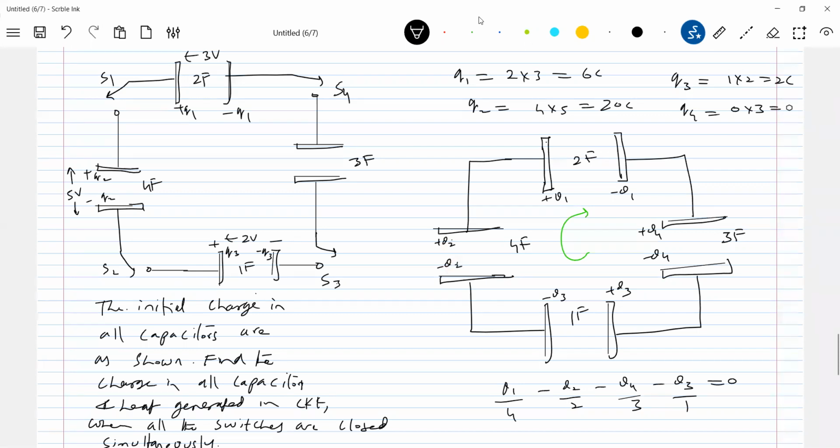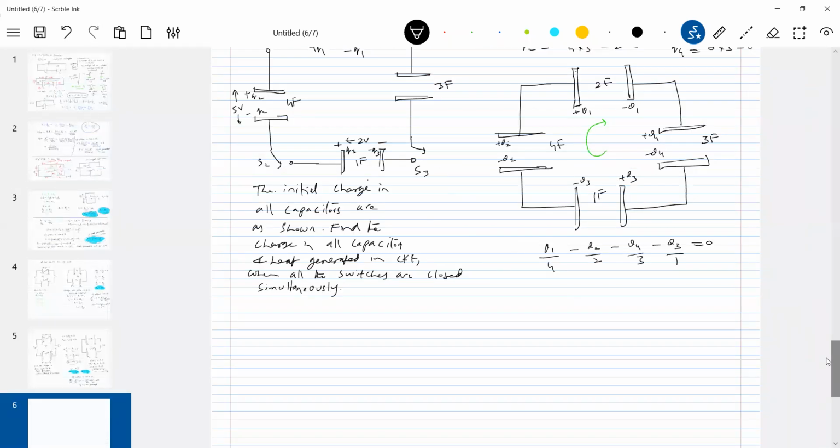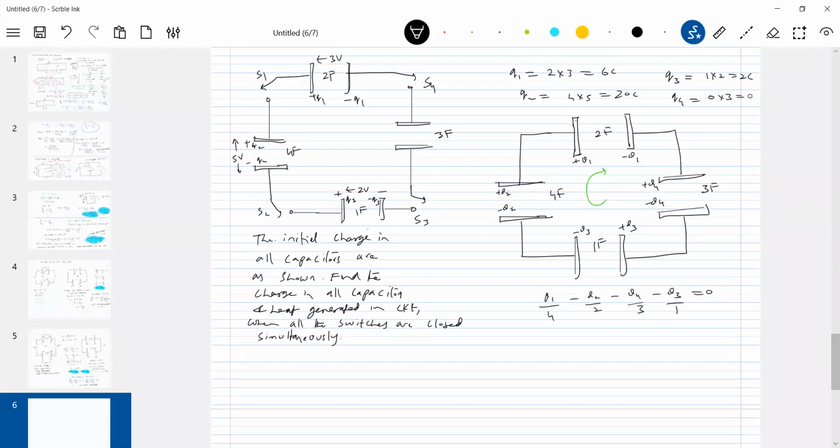Okay, we'll go for the junction S1. Look at the junction S1. So charge of these two plates should be conserved. So from that, write down the equation. At S1, the initial charge is Q1 plus Q2.